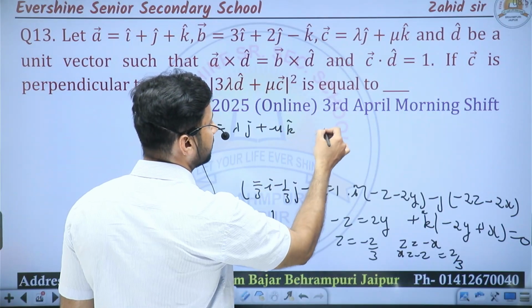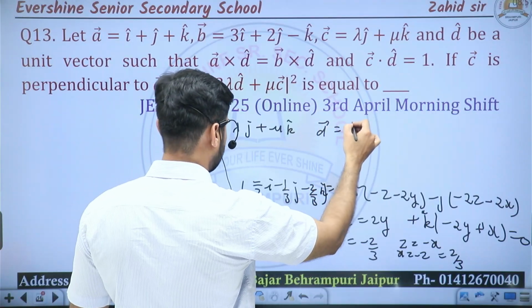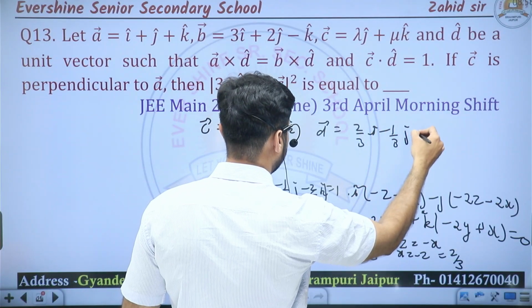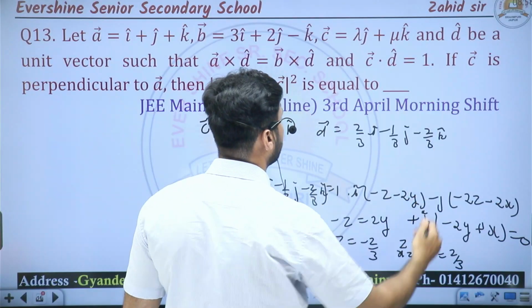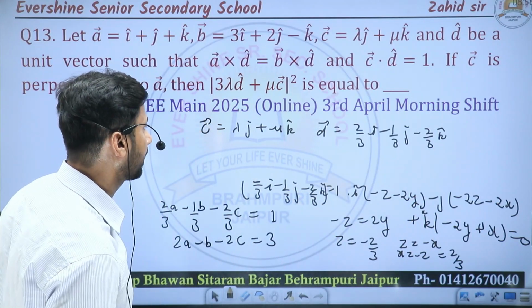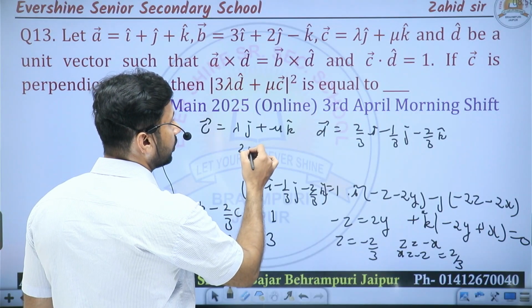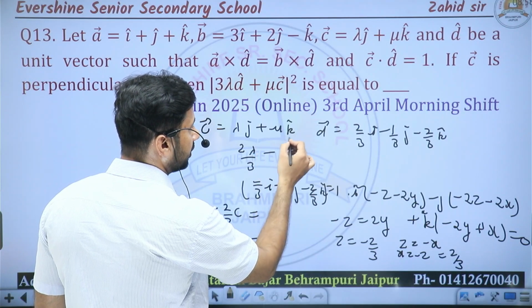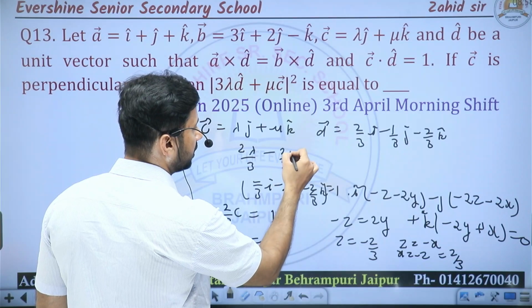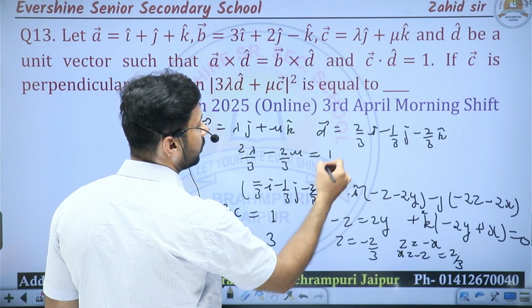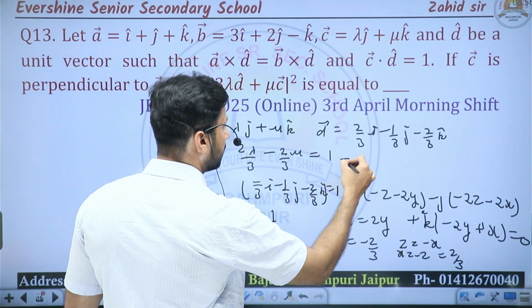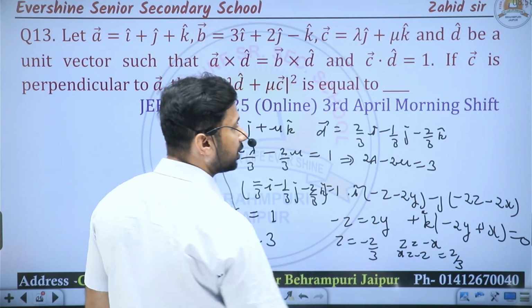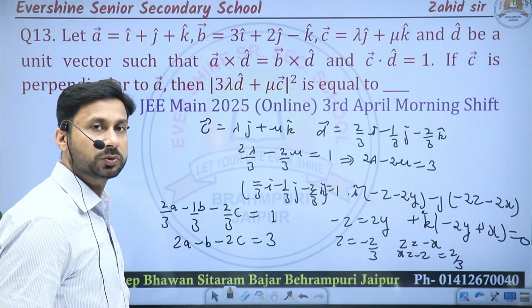And vector d is 2/3 i cap minus 1/3 j cap minus 2/3 k cap. So I can find the dot product. It will be 2 lambda by 3, and j is not there, so minus 2/3 mu, which is equal to 1. On solving, it will be 2 lambda minus 2 mu equal to 3.